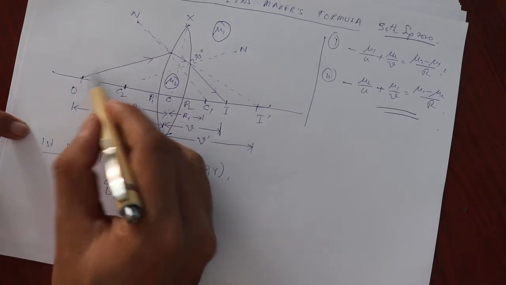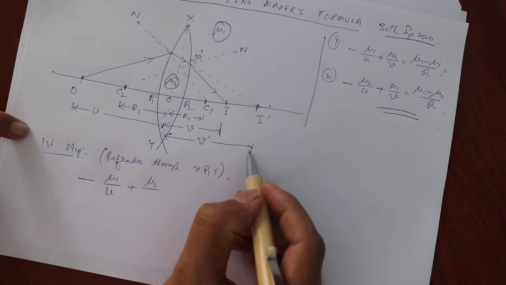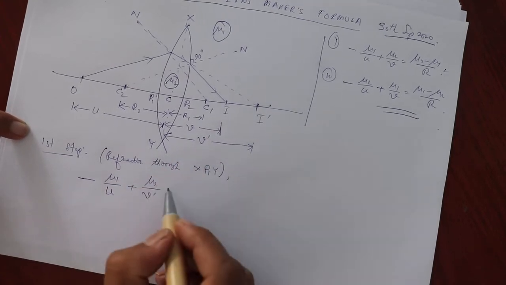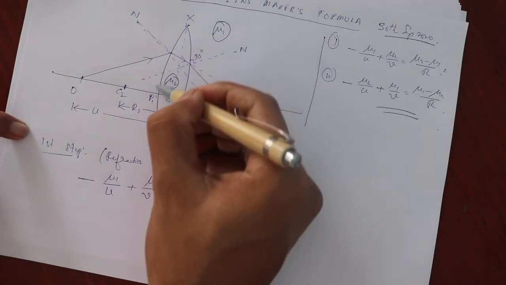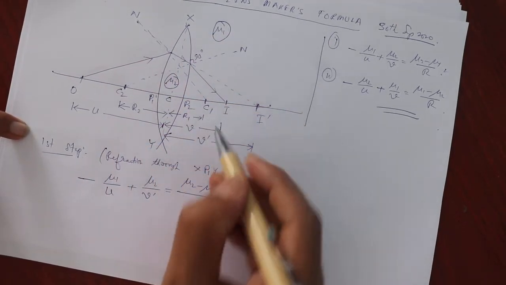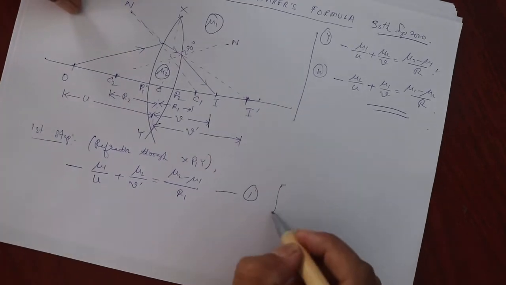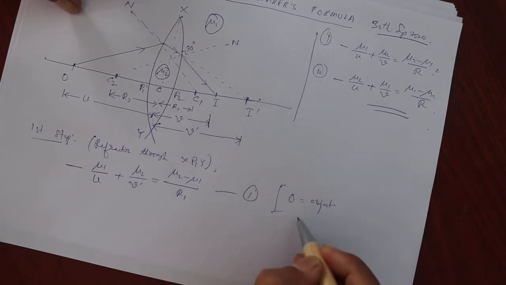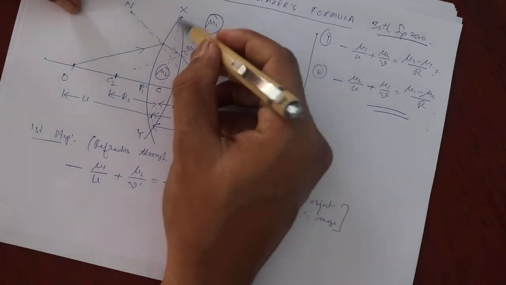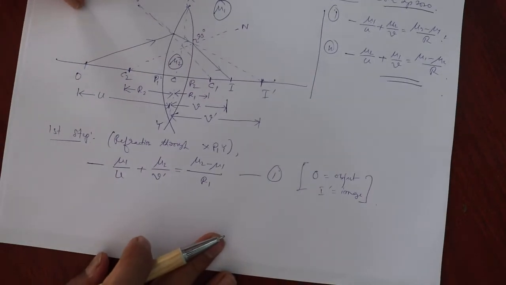In our case, O is the object and here is the image, so the image distance is v dash, is equal to mu2 minus mu1 by the radius of curvature for this surface, which is on the other side, that is R1. Note that in this case, O is the object and this I dash is the image here. So this is our first equation.